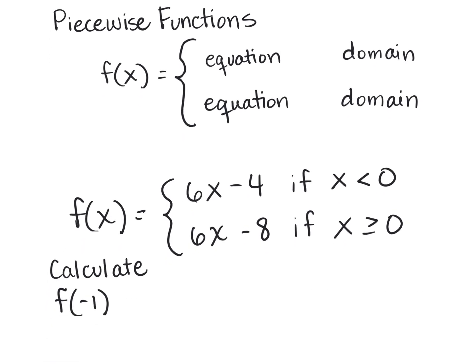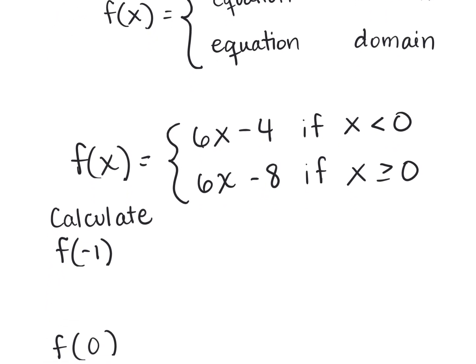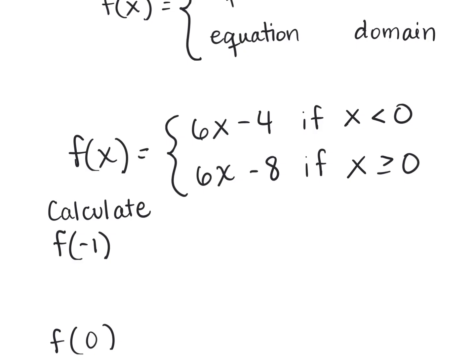So let's look at an example of this. This one is asking me to calculate f of -1. So what I have to do is come up here and figure out which one of these, the pink or the blue, -1 belongs to. -1 is less than 0, so this is going to be in that pink domain.